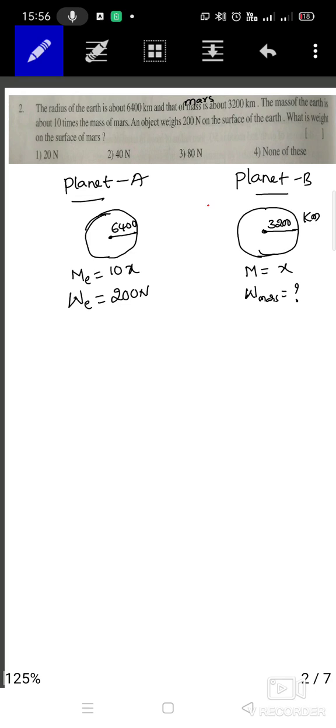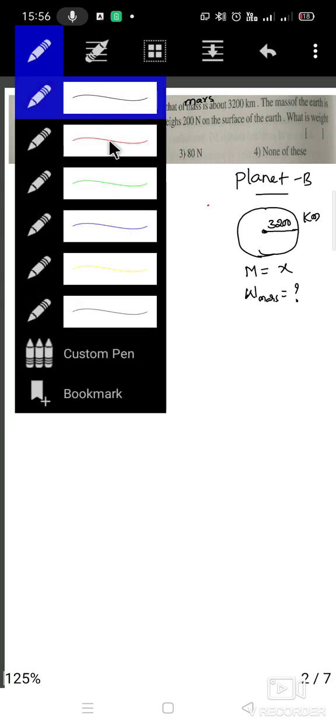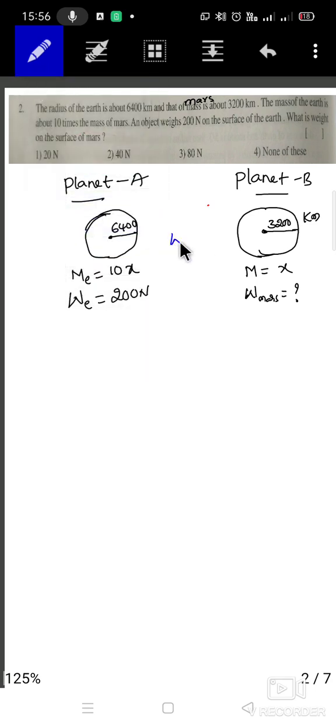Okay, so they gave the weight. You know that weight is equal to mg, mass into acceleration due to gravity. First of all, we need to get the acceleration due to gravity, and then we multiply it with mass. Here the mass of Mars is x, and the mass of the earth is 10x.